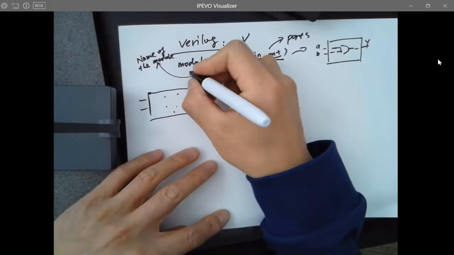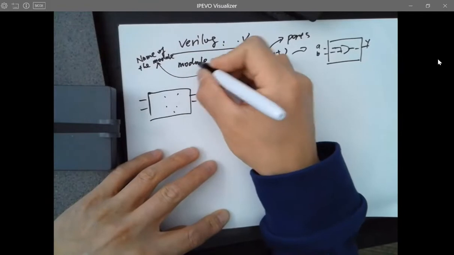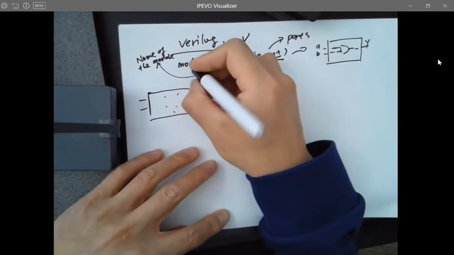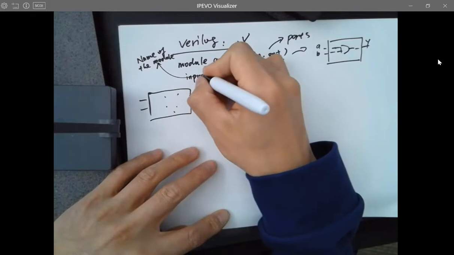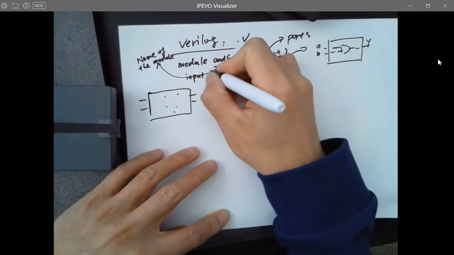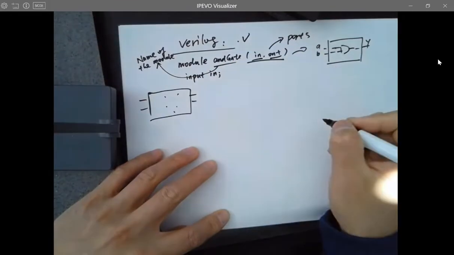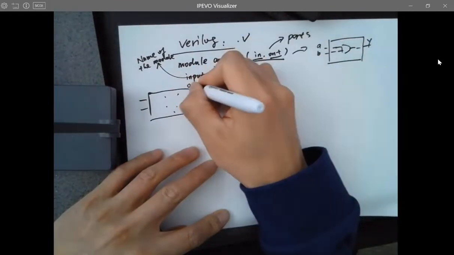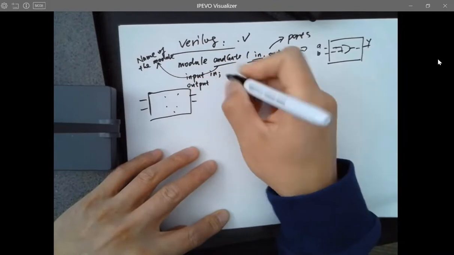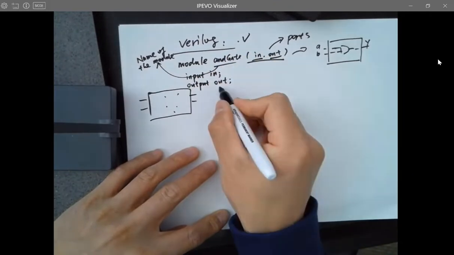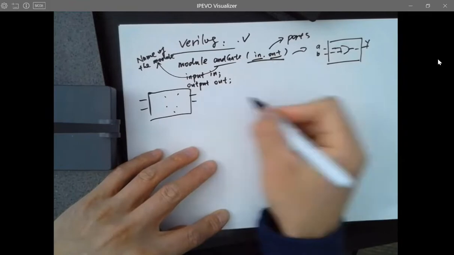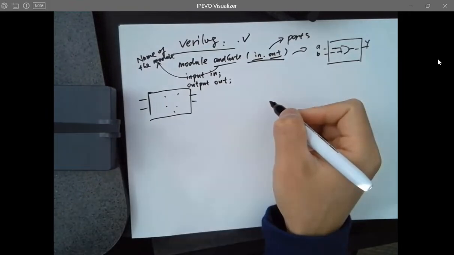So you have to write below that module declaration, you need to let Vivado know which one is input and which one is output. So in is input, and out is output. The out port over here is the output port. All right.